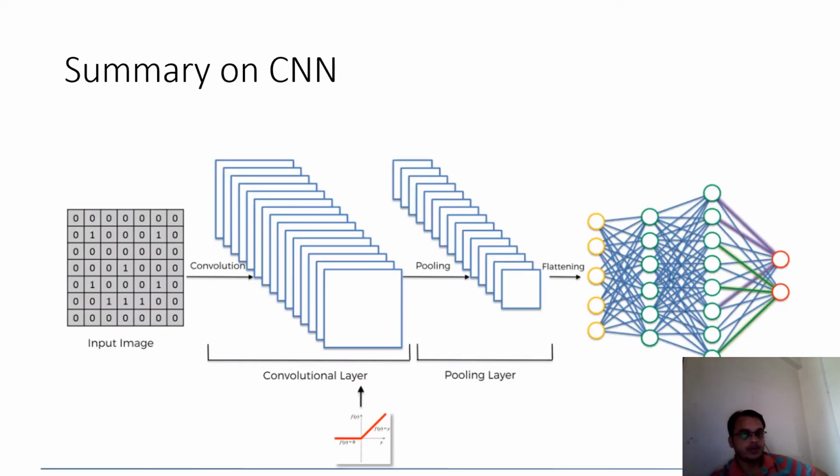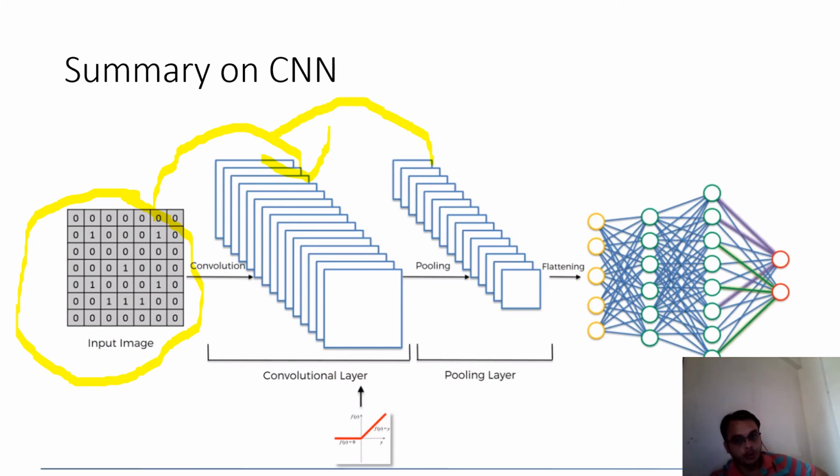Summary on CNN. So I have all these values, apply the filters, find the convolutional layers, apply the pooling, max pooling or mean pooling, find the next layer, do the flattening on those layers. Flattening means what? Suppose you have 20 values. Out of 20 you have applied the convolutional neural network and you have achieved 10 values. Now from 10 values you have applied max pooling, you have received 5 values.